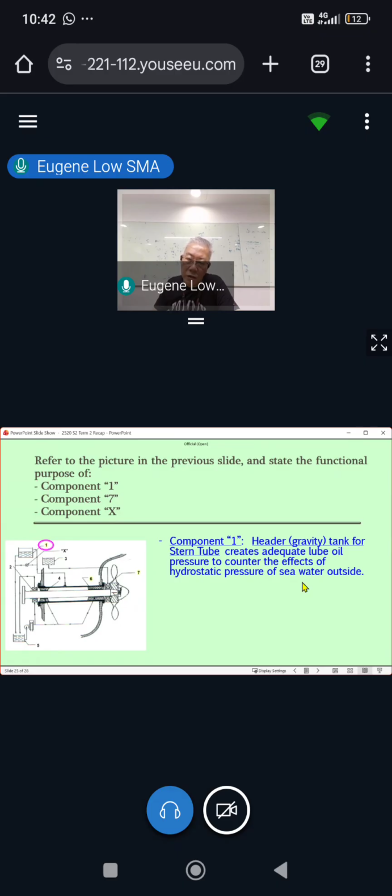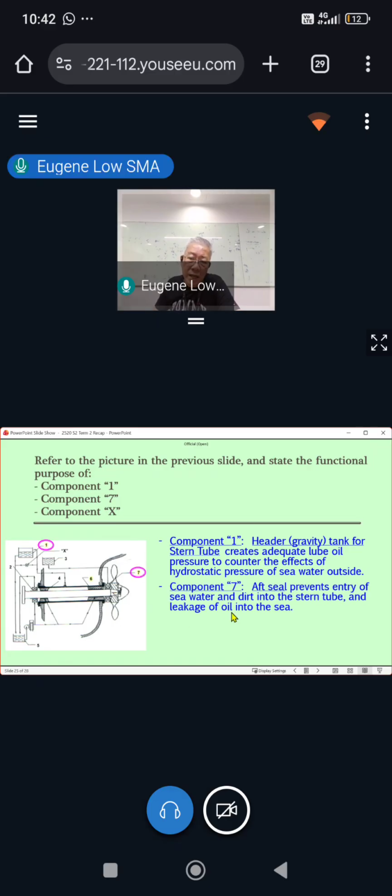So the pressure inside the stern tube is slightly higher than the seawater hydrostatic pressure outside, so there is no chance of water entering the stern tube. If it's not very tight, a little bit of oil may leak into the sea, but that is better than having water inside, damaging the bearing and the tail shaft.